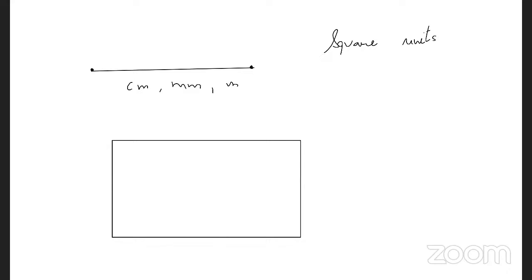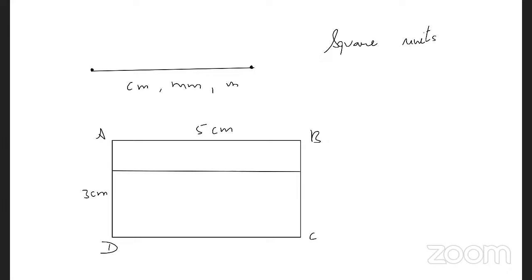This is its length 5 centimeter and here 3 centimeter. Name it. Ma'am, the area is 15 centimeter square. Very good. That is right. The area is 15 centimeter square.